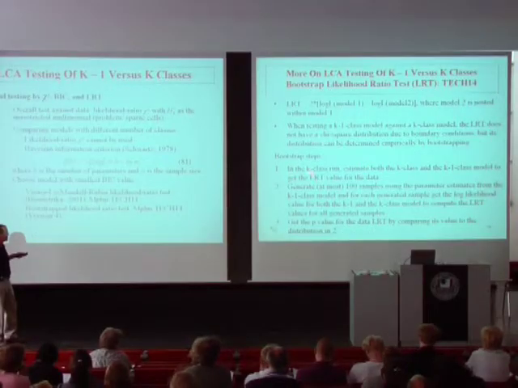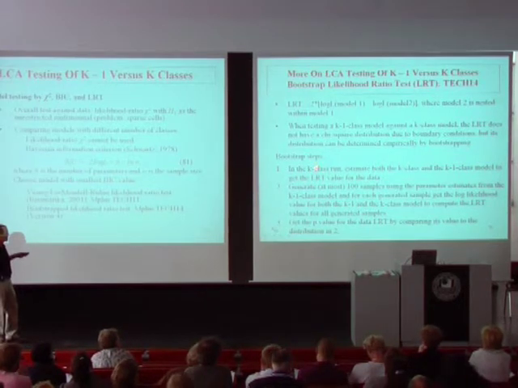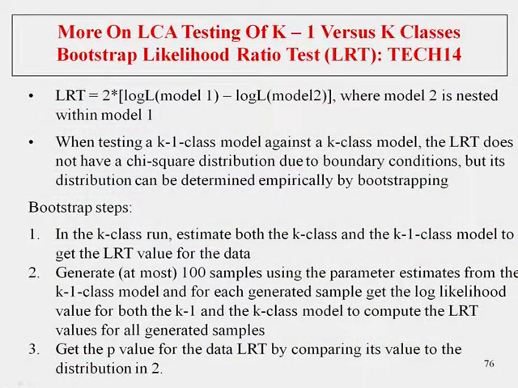In your K-class run, 3-class say, estimate both the 3-class model and the 2-class model to get the likelihood ratio value for the data. Then in step 2, you generate artificial data, say 100 samples, using the parameter estimates from, in this case, the 2-class model, and then fit the 2-class and the 3-class model, one class too many, to compute the artificial data log likelihood ratio test for all of these 100 samples.